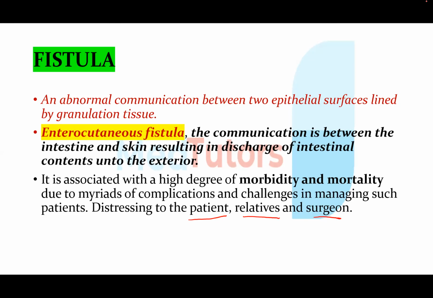So adequate counseling is important for both the patient and the relatives. Because when a patient is well motivated about the management of his disease condition, they really show good cooperation. And of course, they are psychologically prepared for the challenges involved in this management.